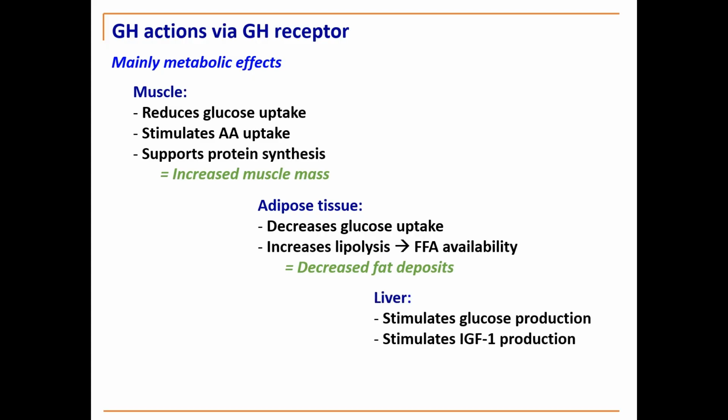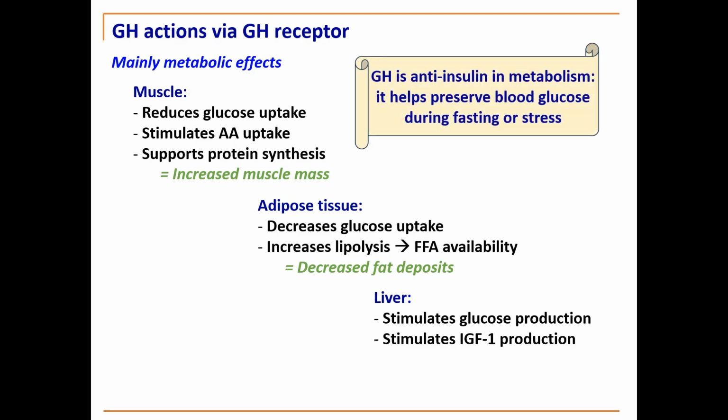And in the liver, it stimulates glucose production and it stimulates IGF-1 production. So again, it's making more glucose to pass around to the rest of the body. So it's stimulating gluconeogenesis. And like I said, it's also stimulating IGF-1 production. So growth hormone in that respect is anti-insulin in its metabolic nature.